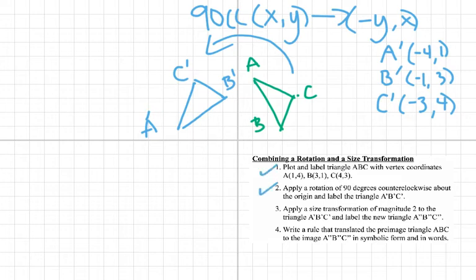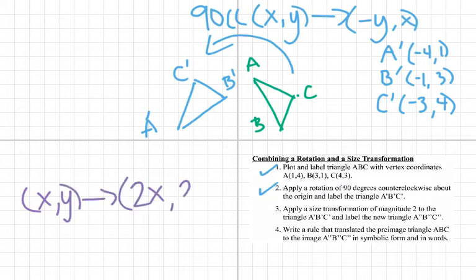Now, number 3 says that we are going to apply a size transformation of magnitude. Anytime you see that word magnitude, that's the same as scale factor. So a scale factor of 2 to the triangle. So remember, I'm going to do it in a different color. This means that we're going to take x, y, and we're going to do 2x and 2y, since the scale factor is 2.